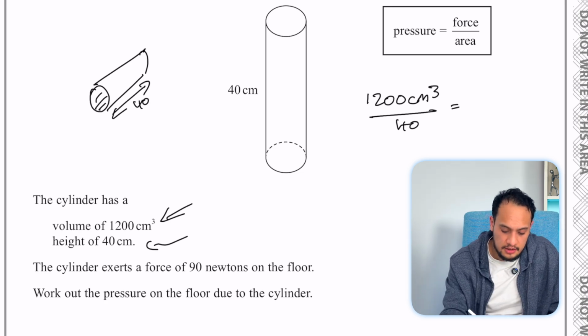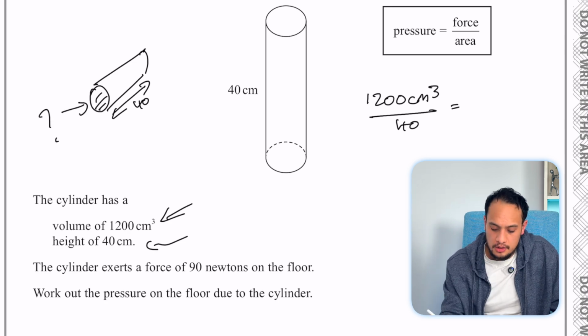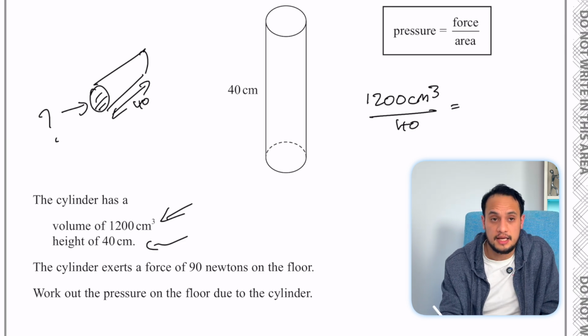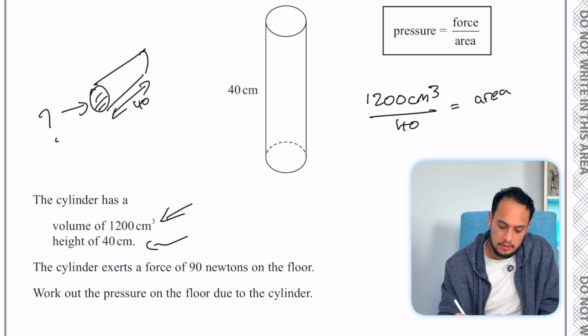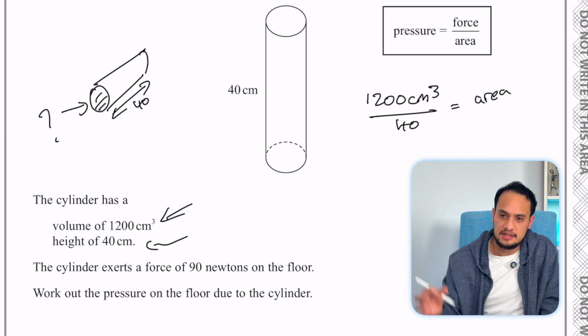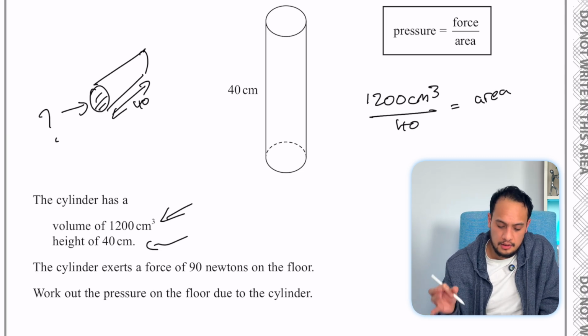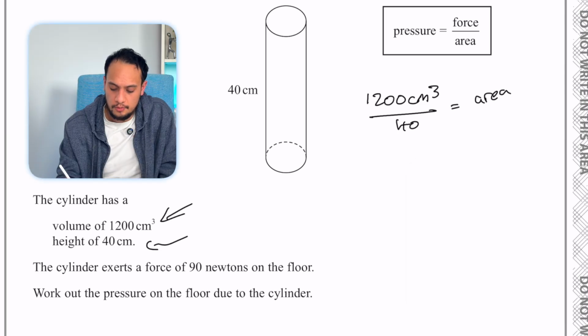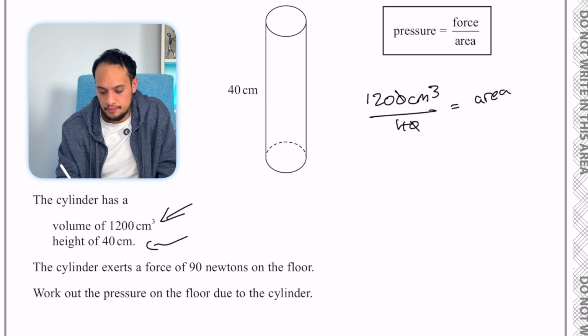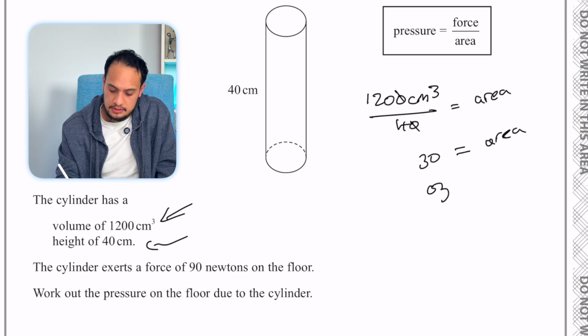So we know that's 40, but we don't know what this bit is. So 1,200 centimeters cubed divided by 40 will give us the area of the bottom face, because it's standing on that floor. 1,200 divided by 40, take off those zeros, 120 divided by 4 is 30. So 30 centimeters squared is our area.